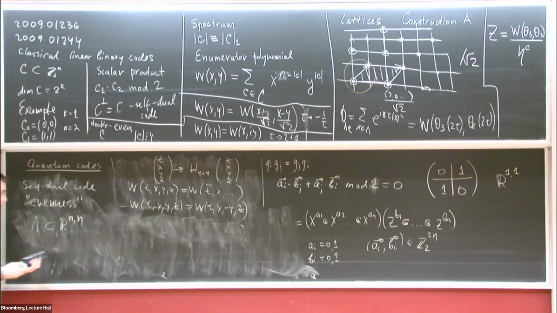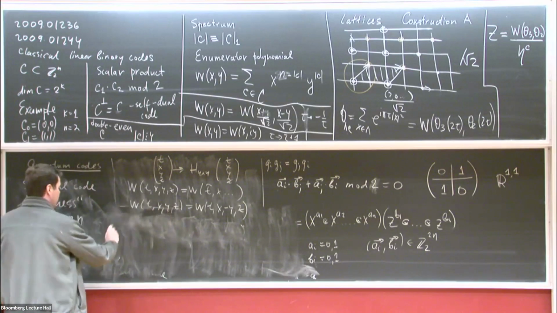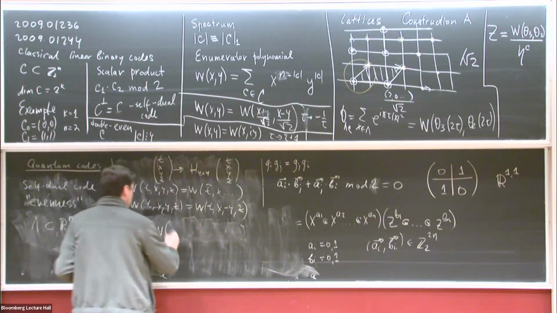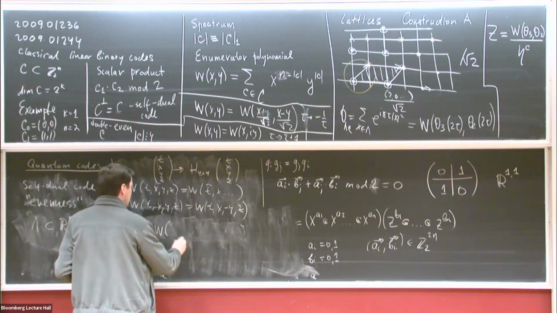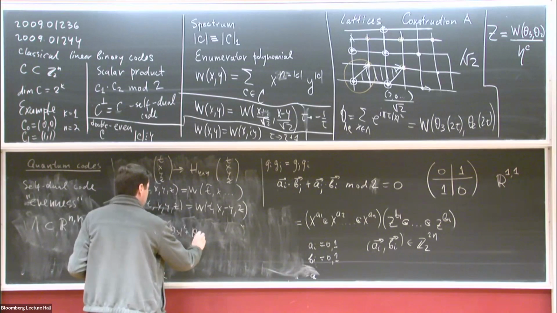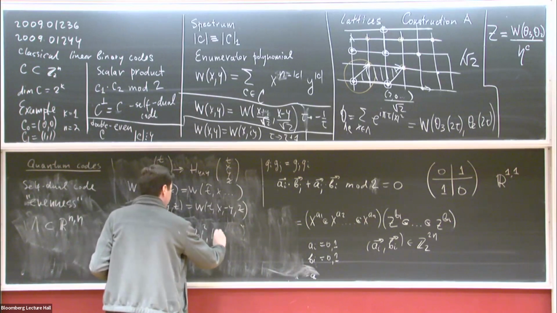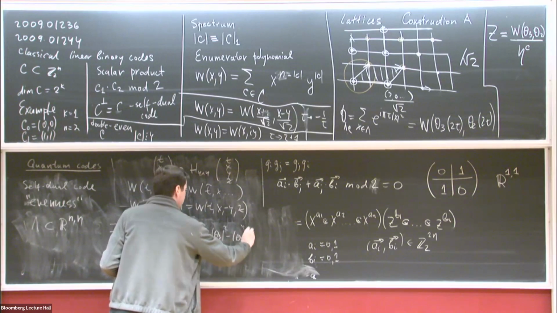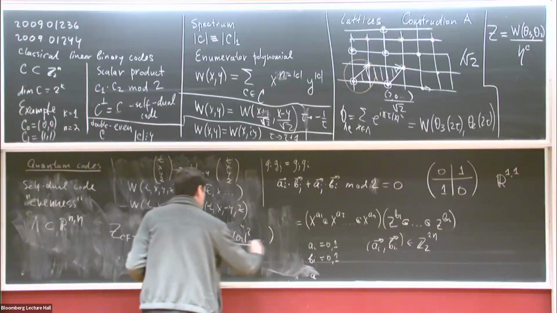You can calculate the theta function. The theta function will be given by the polynomial, and the CFT partition function will be given by W. Then instead of T, X, Y, and Z, you will have certain combinations of the Jacobi theta functions, which I don't want to write explicitly because we will not use them. But the idea is the same.